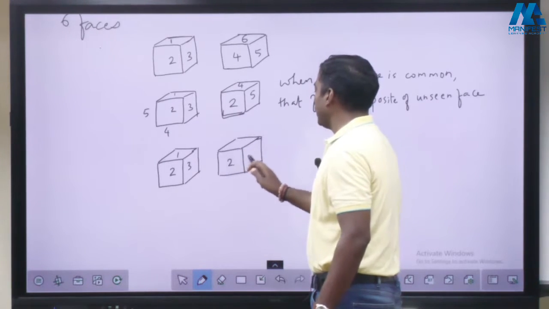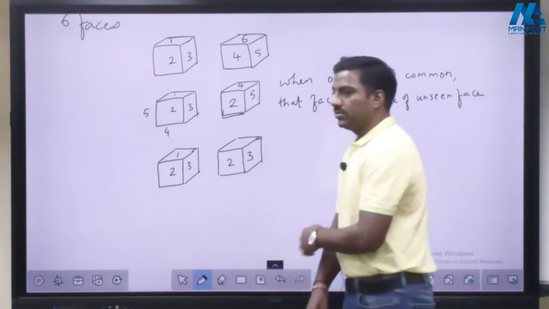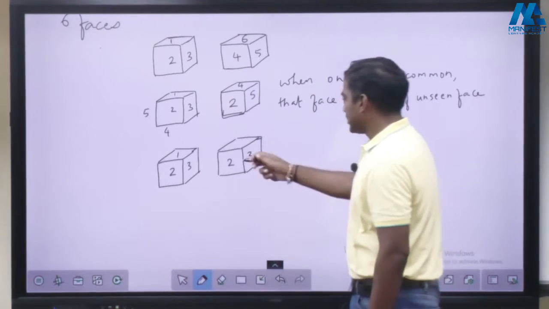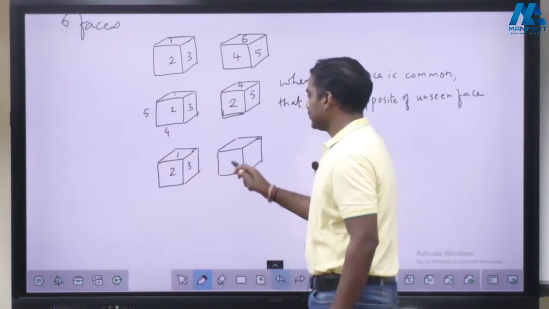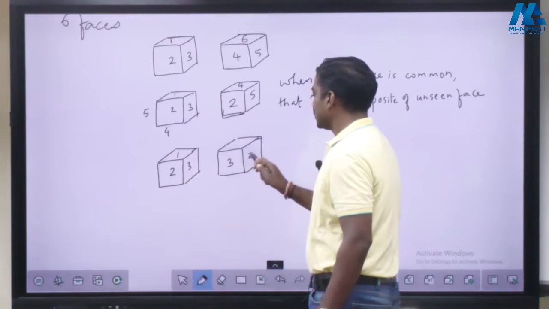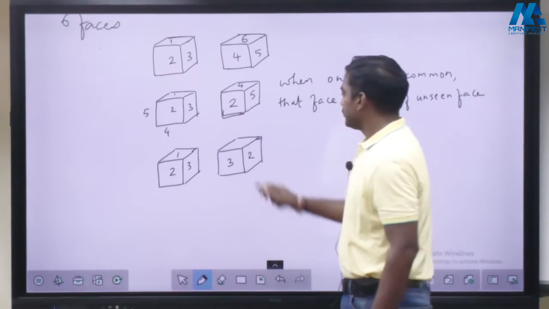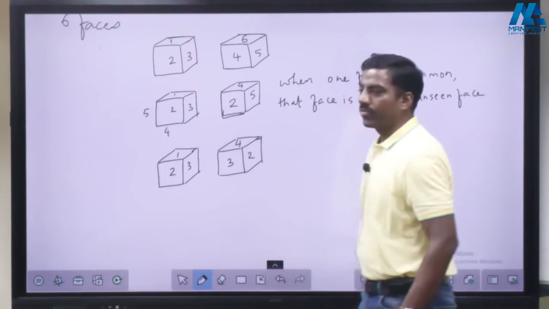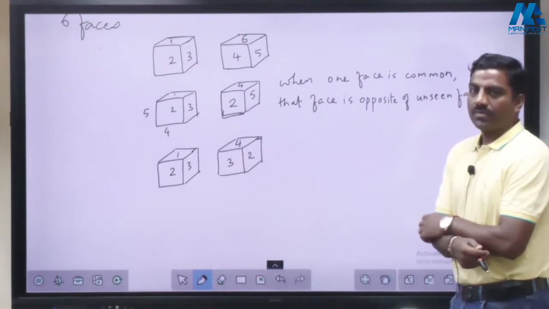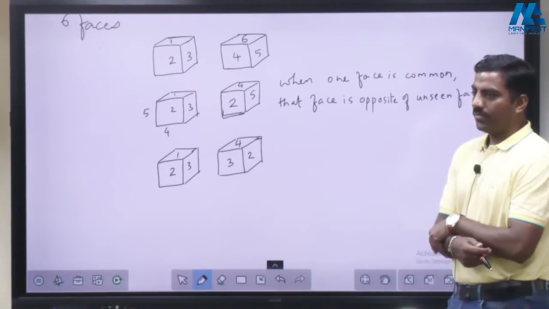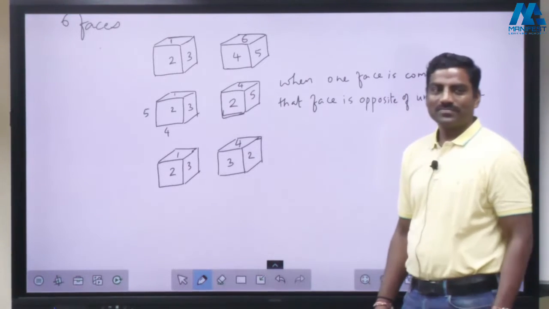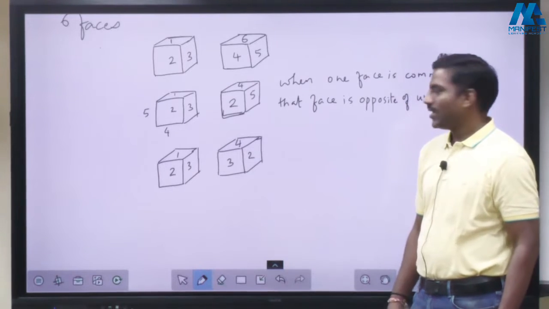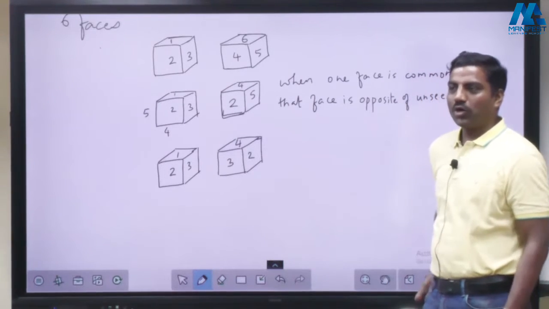Then I'll make 2 and 3 common. Actually, if this cannot come like this, then definitely the opposite has to be 1. What clue are you getting? 2 and 3 are common here. So 1 and 4 are opposite.